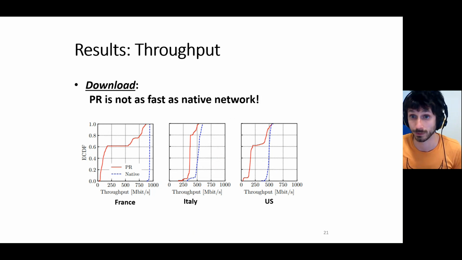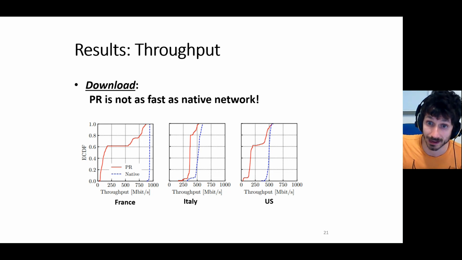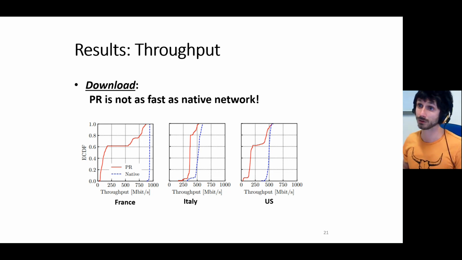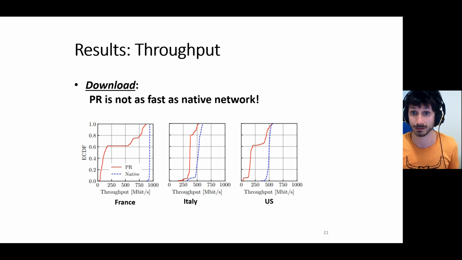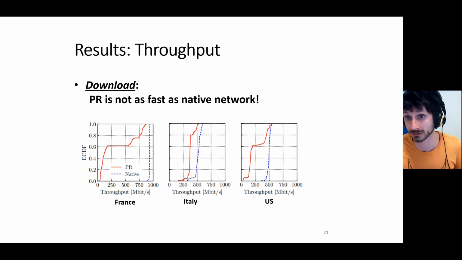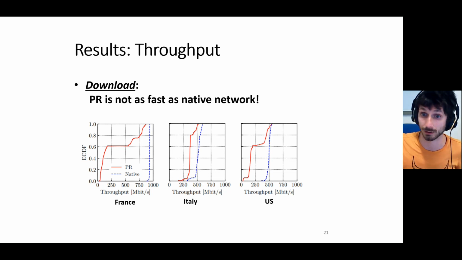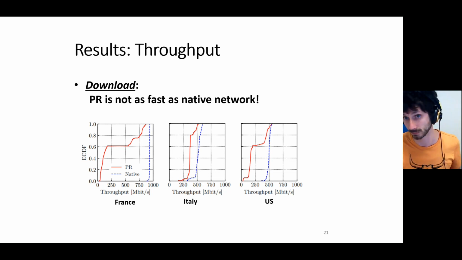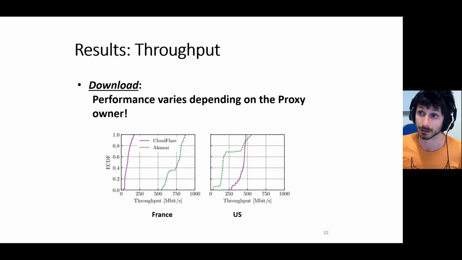First of all, we realized that Private Relay is not as fast as the native network. Here in this curve, the red lines represent the download throughput of Private Relay, while the blue lines represent the throughput you achieve when using the native network. And we see that almost always Private Relay is lower in download than the native network.